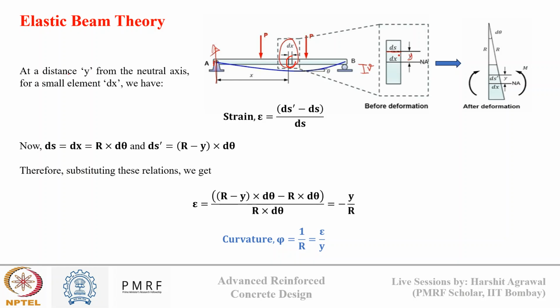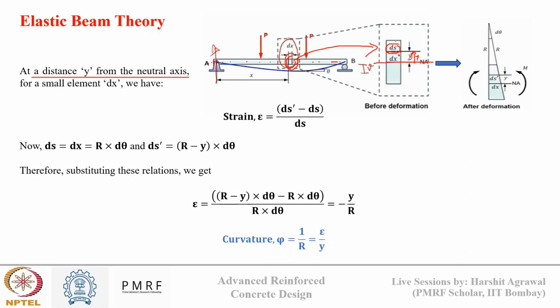If I zoom into this segment dx, I assume a distance y from the neutral axis. It may not be in the middle, it is just a distance y from the neutral axis where I have taken a segment.